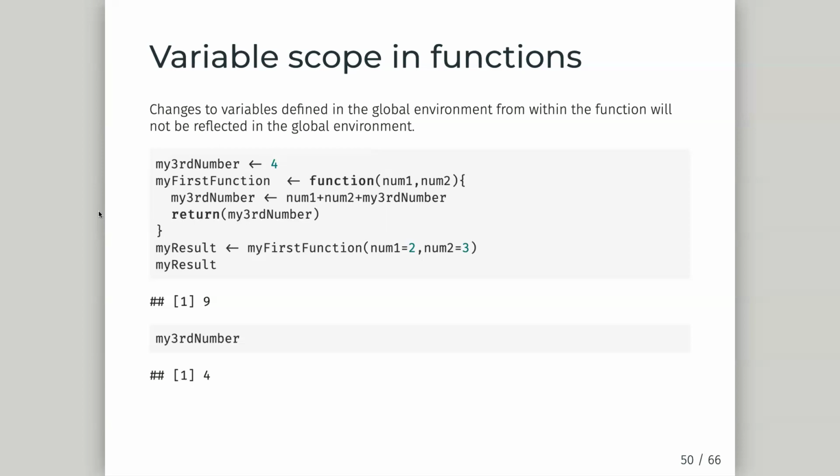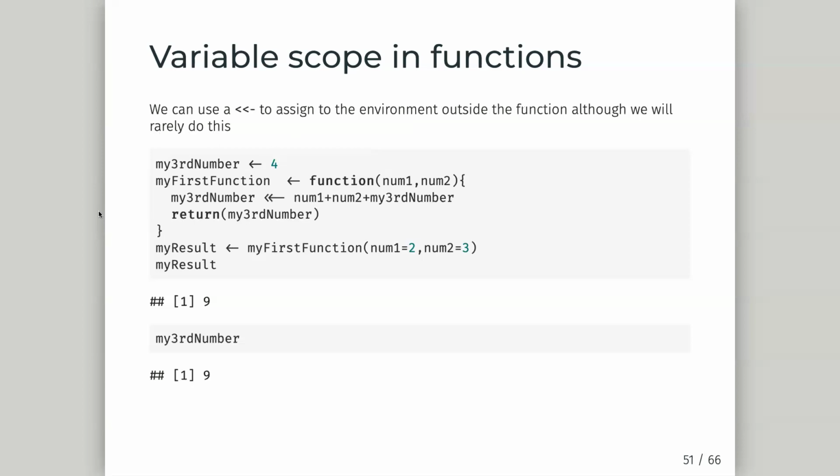Which assumes that my third number at some point within the function got updated. But once I'm back out of that function, my third number retains its value. So I can't change variables that I have outside my function from within my function. This is like its own little private environment. It can see what's in the global environment, but it can't edit it. And that's kind of the concept of scope.